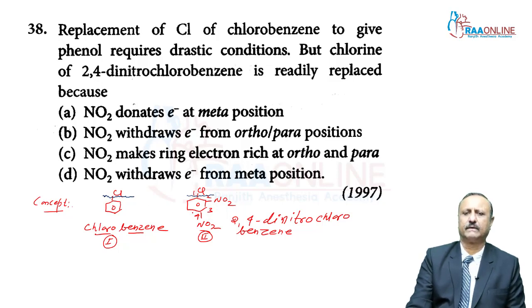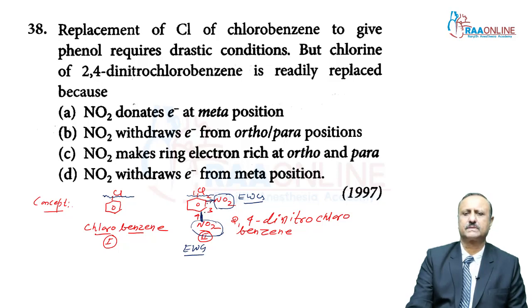Why? My dear students, I can tell you, in this paper, in these questions, it has already been discussed that the NO2 group is an electron withdrawing group. This electron withdrawing group accepts the negative charge or electrons present in the ortho and para positions.